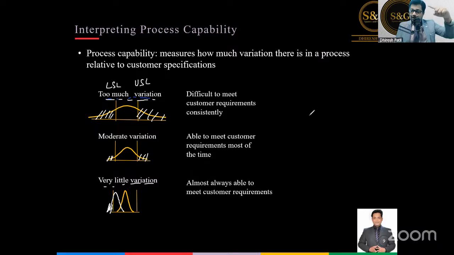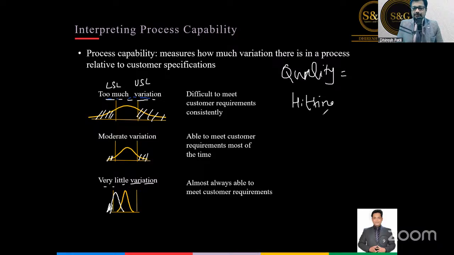So are you clear with these three diagrams? Too much variation, moderate variation, and very little variation. Yes. Have you understood this diagram? Correct? So the definition of quality in Six Sigma is: quality equals hitting the target, write this down, plus reducing the variation.